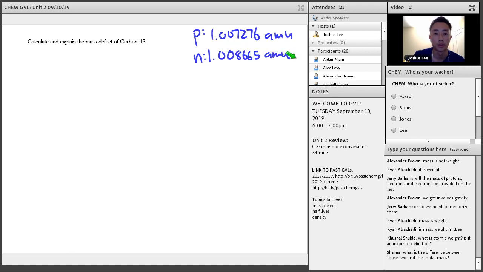And then electrons are like 0.000548. So remember, you don't have to memorize these numbers, but you should know how to use them.